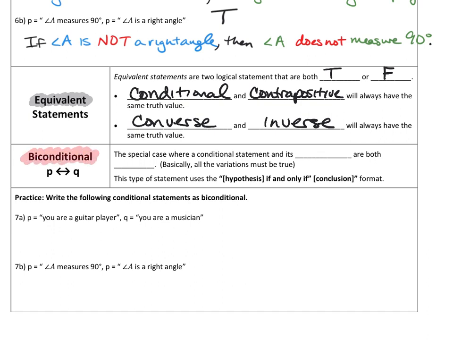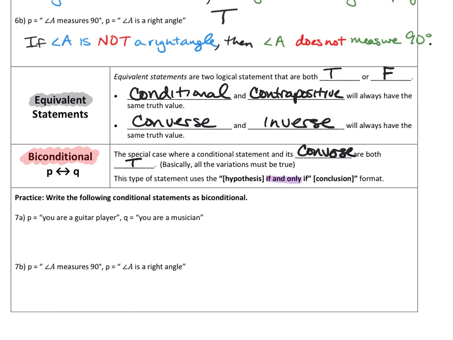Excuse me. We've seen that prefix bi before in bicycle. What does it mean? Two. So biconditional means it can go both ways. A biconditional statement is a special case where a conditional statement and its converse are both true. This kind of statement follows the phrasing P if and only if Q. So we've got new words to introduce to you right here, if and only if.